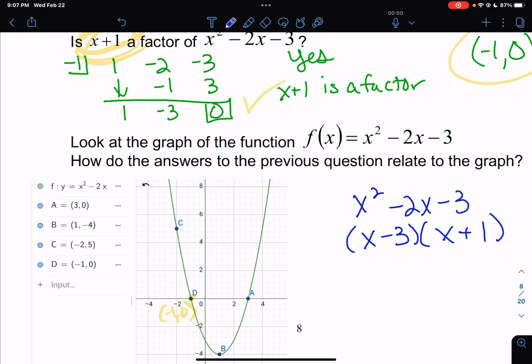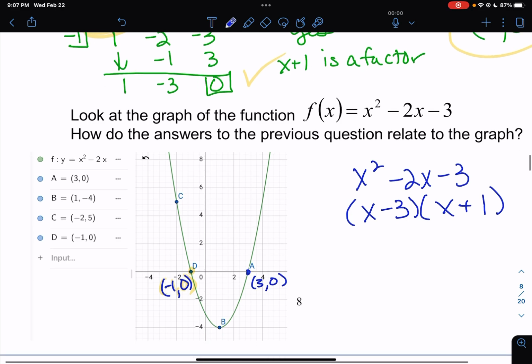Plugging in a -1 in synthetic division, we get a remainder of 0, and that corresponds to one of the x-intercepts. When we did synthetic division with a 3 in the box, we ended up with a remainder of 0. When we did synthetic division with a 1 in the box, we ended up with a remainder of -4.